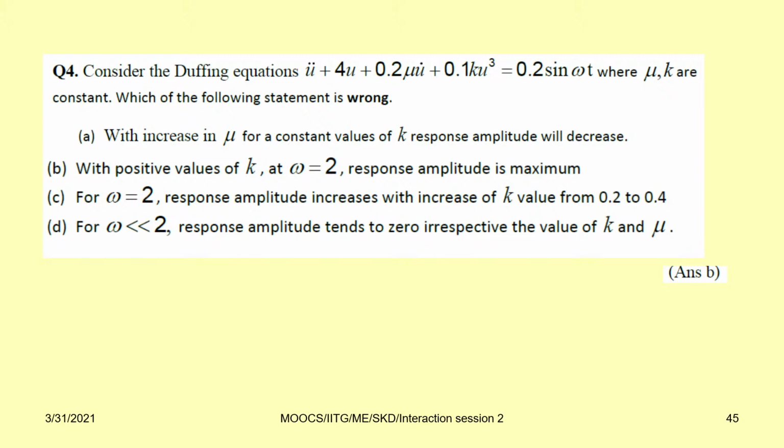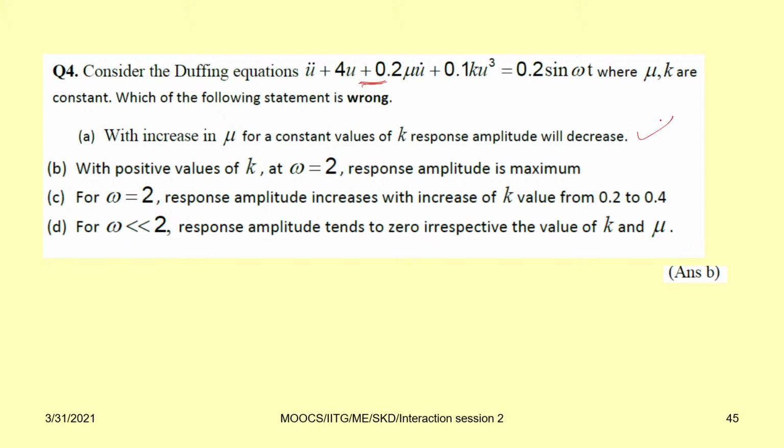With increase in mu for constant value of k, the response amplitude will decrease. Definitely, as you have positive damping here, if you keep increasing mu, that damping will increase. As damping is increased, the response amplitude should decrease.